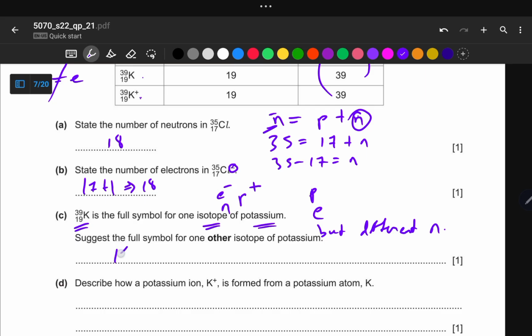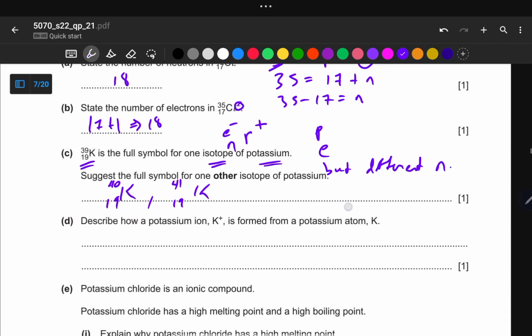From the definition, the number of protons is the same. So here we are having 39, so it's either we are going to have 40, or 41, or 42, etc. The number should be reasonable, right?